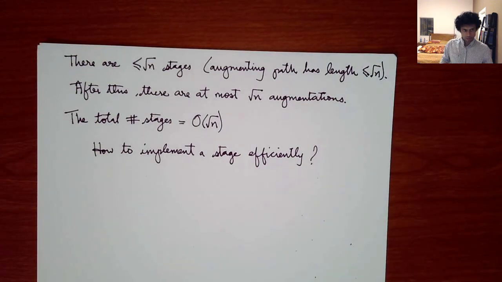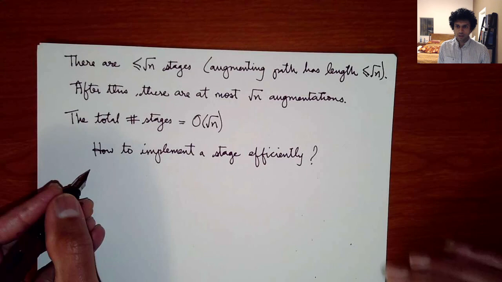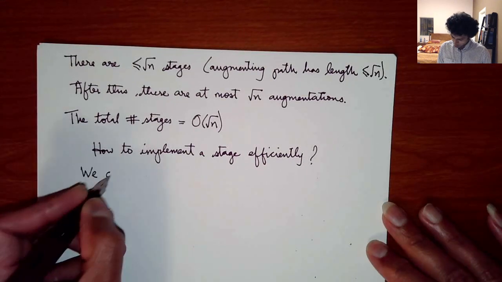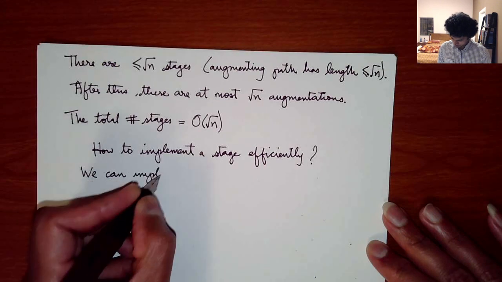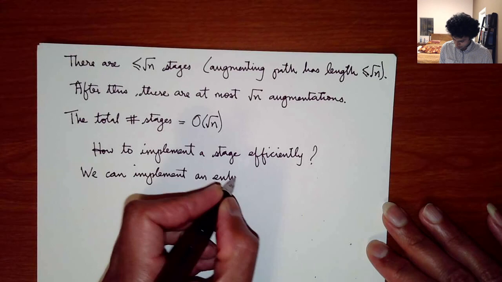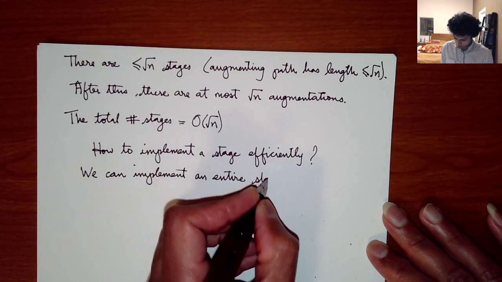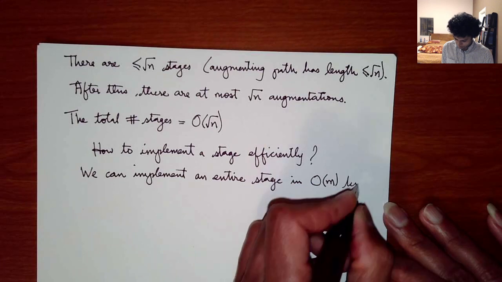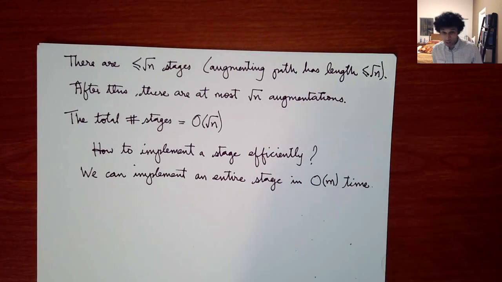Let me finish what I'm going to say, and then I might convert some of this discussion into exercises. I'll give you the punchline. It turns out that we can implement an entire stage in O of m time. This is only for bipartite matching.